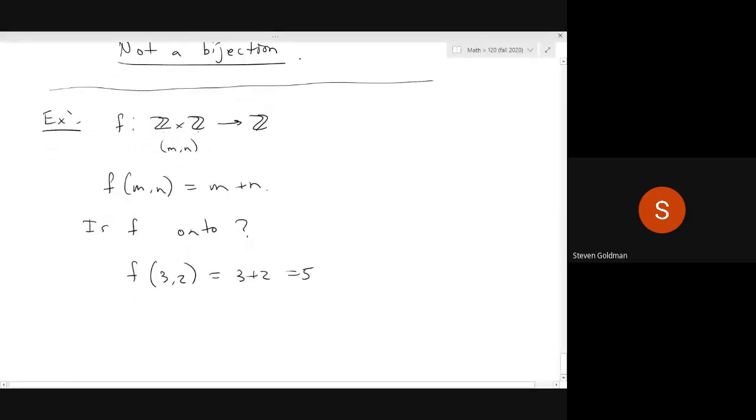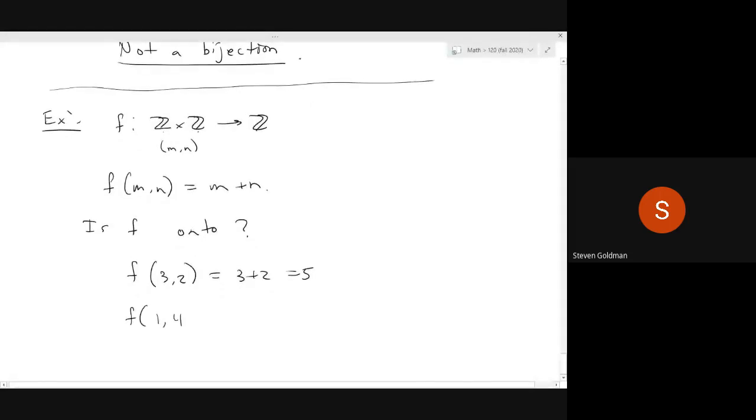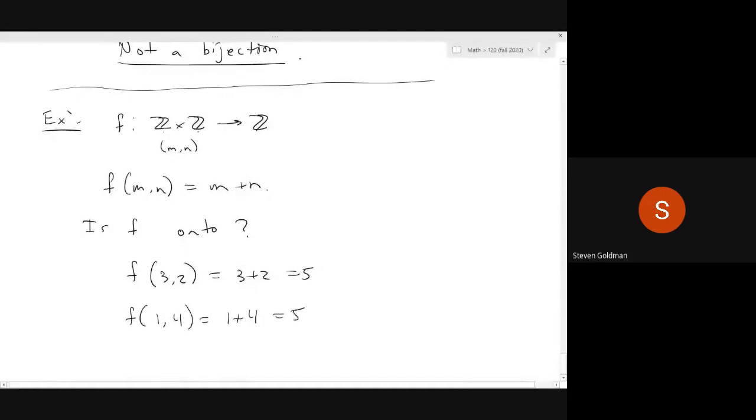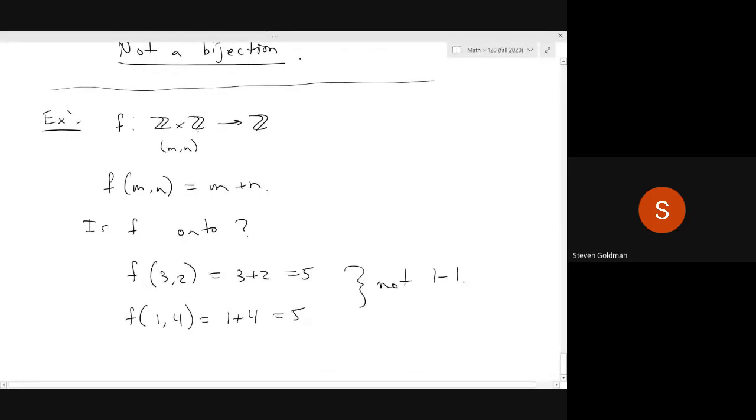If I plug in 1 comma 4, I get 1 plus 4, which is 5. So I automatically see right away that this function is not one-to-one, because I can plug in two different inputs, 3 comma 2 and 1 comma 4, and get the same output.